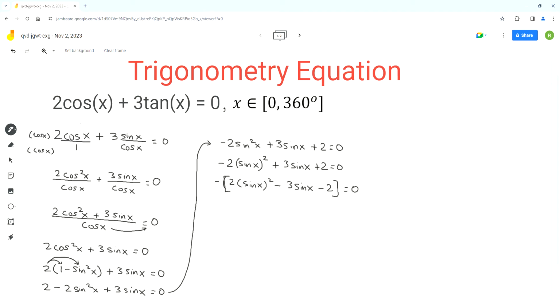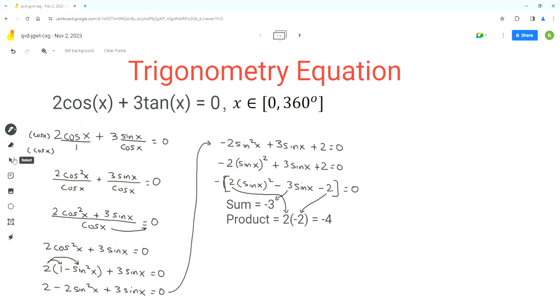So now we can use the decomposition method to factor this expression. So we have to find two numbers whose sum is equal to negative 3 and the product is equal to 2 times negative 2, which is equal to negative 4. So the negative 3 comes from the coefficient of the sin x term. This 2 comes from the coefficient of the sin x square term. And then the negative 2 is the number term. And now we have to focus on the product number to find the two numbers.